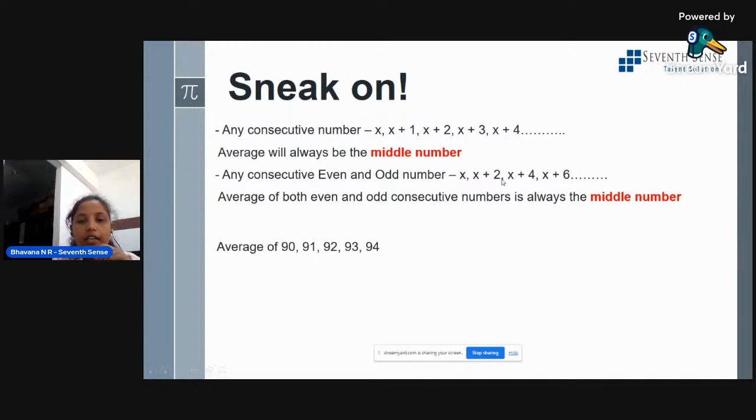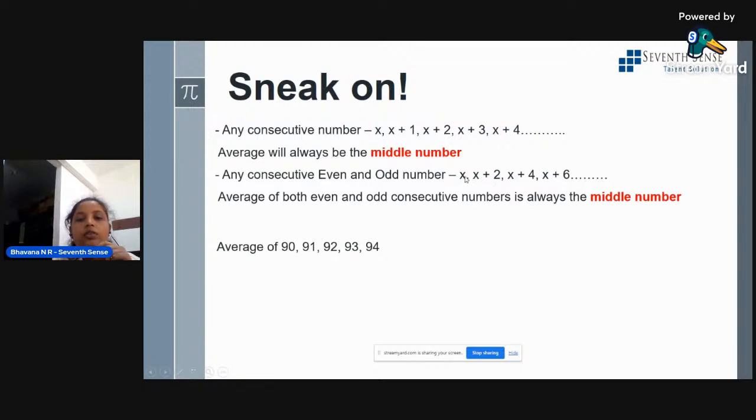So here we have x, x plus 2, x plus 4, x plus 6. We don't know the value of x. If we have to find even numbers, x will be 0. For odd numbers, the x value is 1.